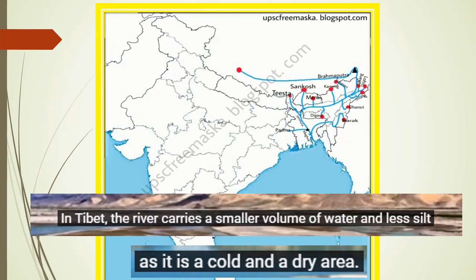Now children, when the Brahmaputra river flows from Tibet, it carries a small volume of water and less silt, because this region is cold and dry. The moment it enters Arunachal and Assam, due to heavy rainfall the volume of water increases and even silt increases.